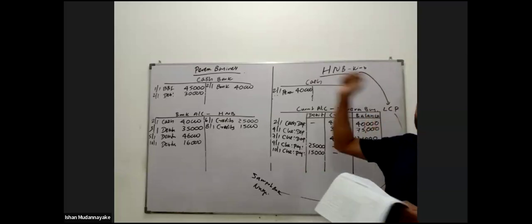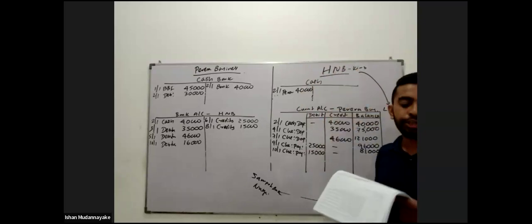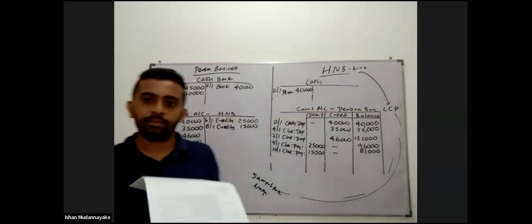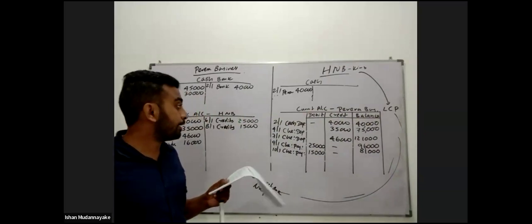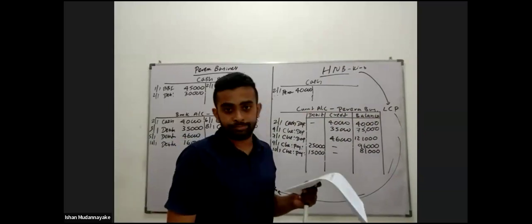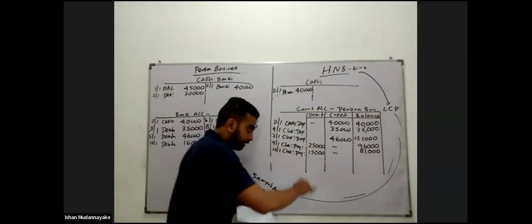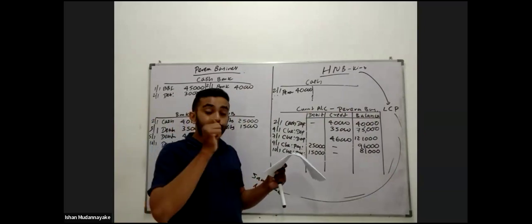This check was dishonored by the bank and returned on 14th January. Check return date, 14th January. Then how to pass our entries? Here we have a deposited and dishonored check.